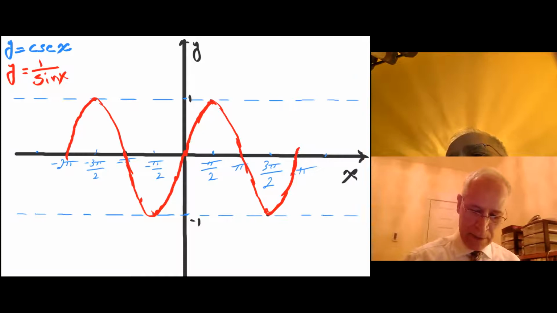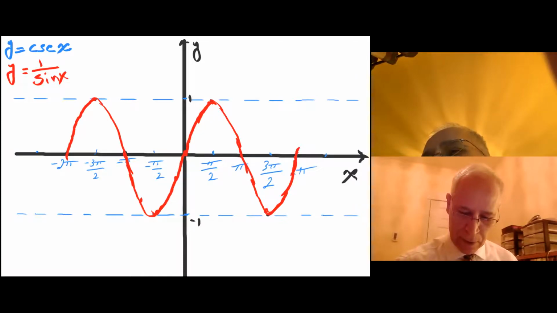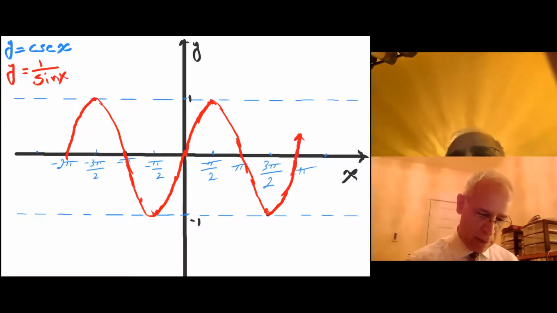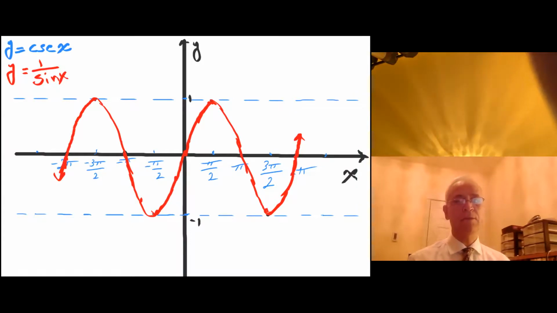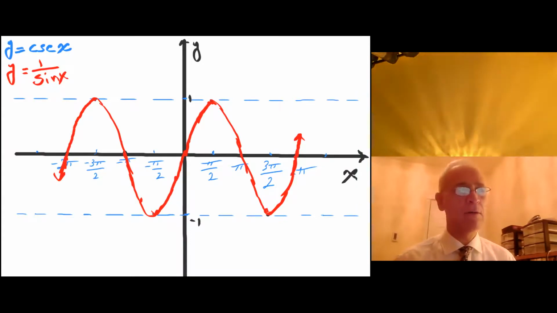And what is it that I know about cosecant, which is 1 over sine of x? I know that every time sine of x is 0, cosecant of x is undefined.